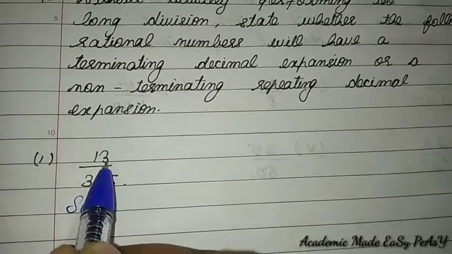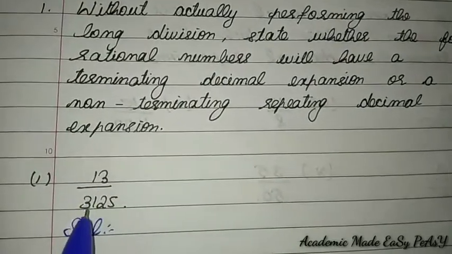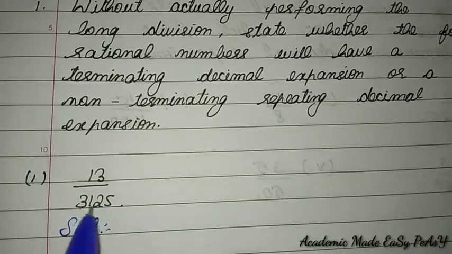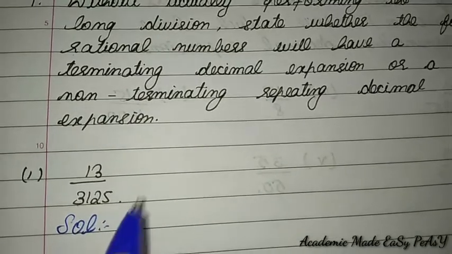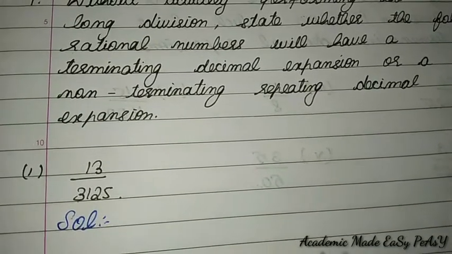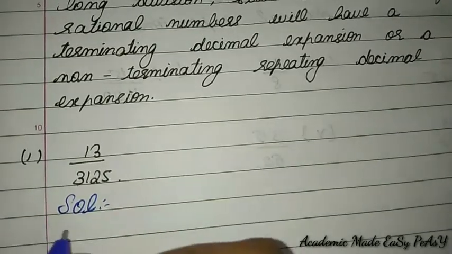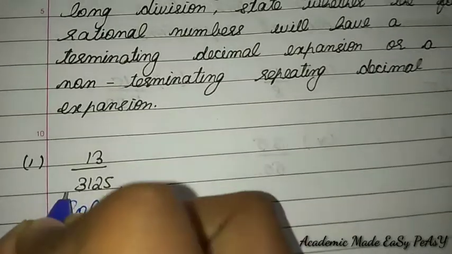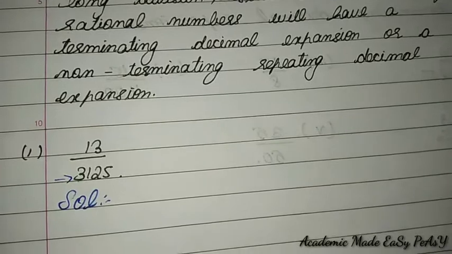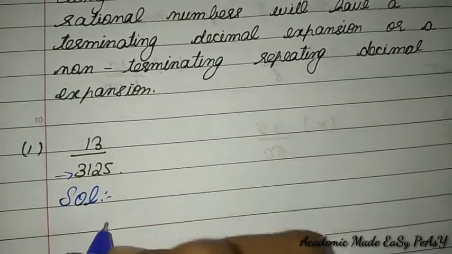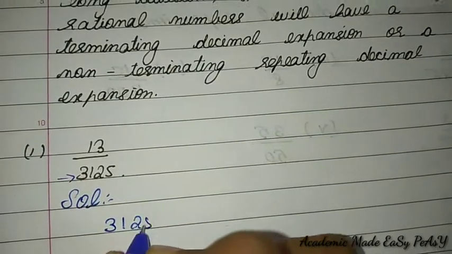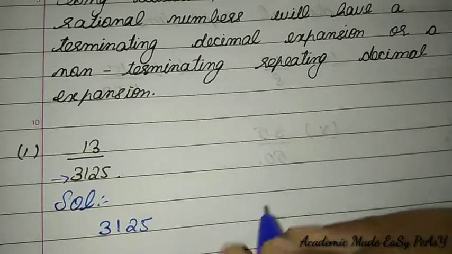So the first question is 13 divided by 3125. For this we have to check whether it is terminating or non-terminating repeating decimal expansion. So we have to just check the denominator alone for this whole question. So for 3125, we have to take the prime factors.